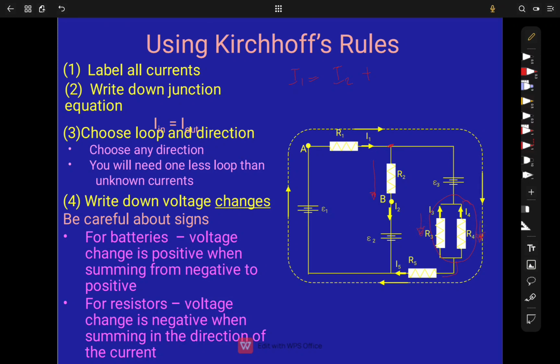So yung combination ng I3 tsaka I4 natin is equal sa I5, diba? Dito siya sa direction na to. So we could say that this is I5. So we have I3 plus I4 is equal sa I5. So all in all, we could say that I1 is equal to I2 plus I3 plus I4.